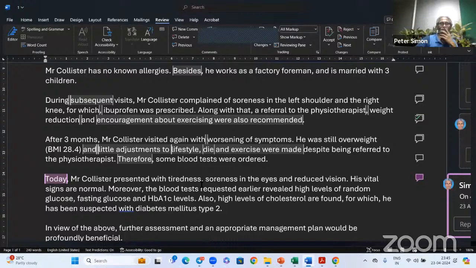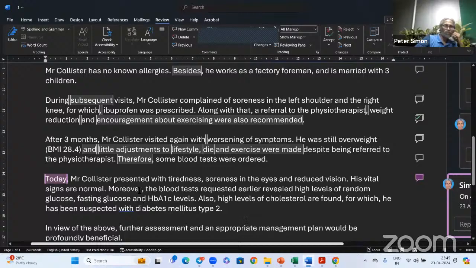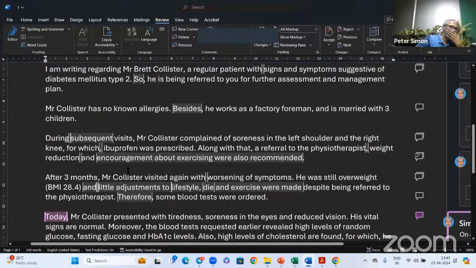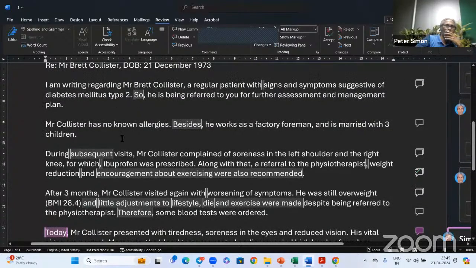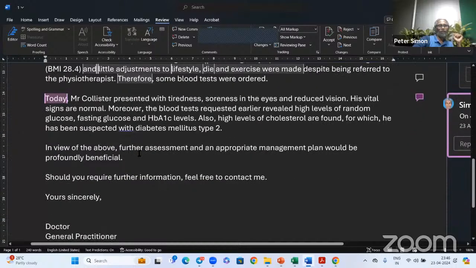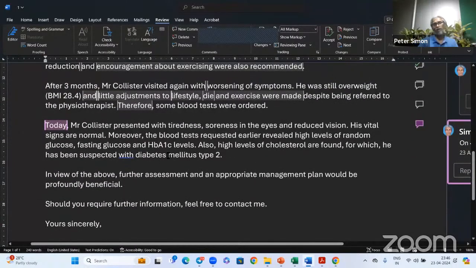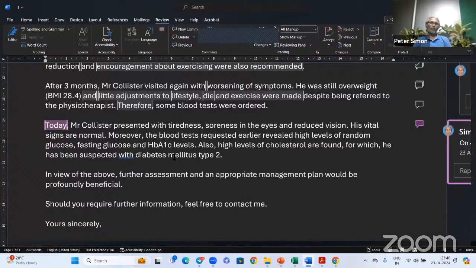Okay. Then Mr. Collister presented with tiredness, soreness in the eyes, and reduced vision. His vital signs are normal. Or his vital signs are unremarkable. Better word. Okay. Normal or unremarkable.